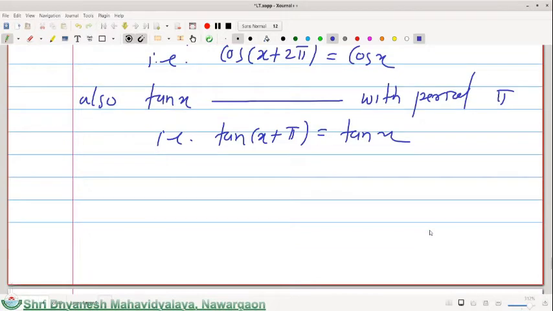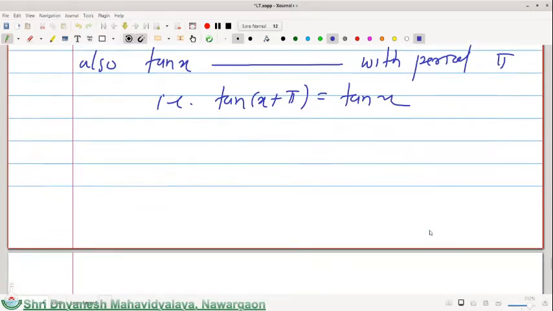So now we'll move to the theorem which will give us the Laplace transform of periodic functions.